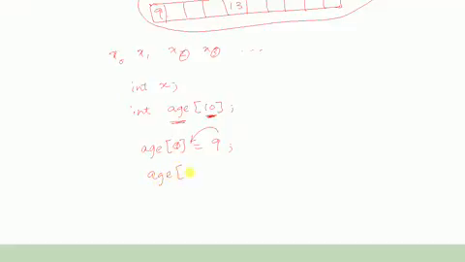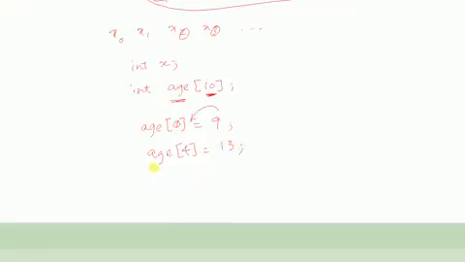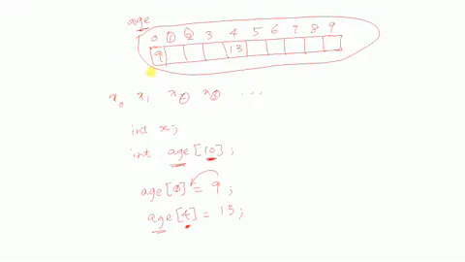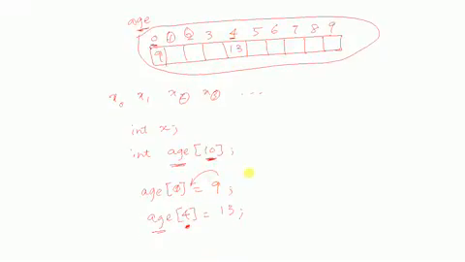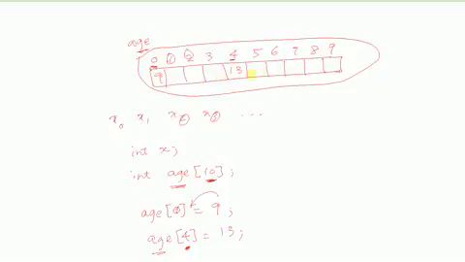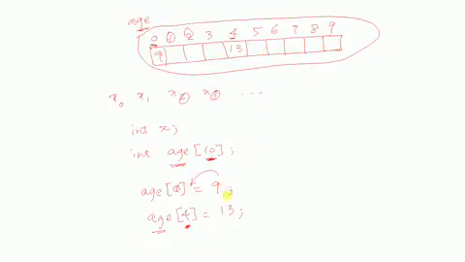Age of 4 is equal to 13. It's basically the age of the student whose number is 4 or ID is 4. These could be the IDs of the students. So the age of the student whose ID is 0 is 9. Age of the student whose ID is 4 is 13, and so on. So this is how you access the individual elements in an array.